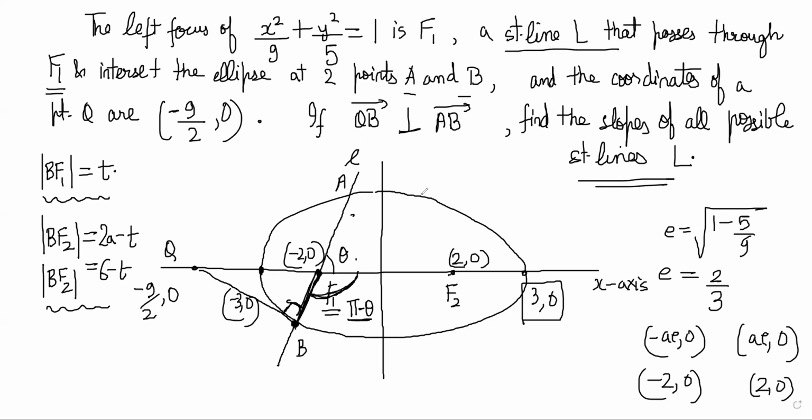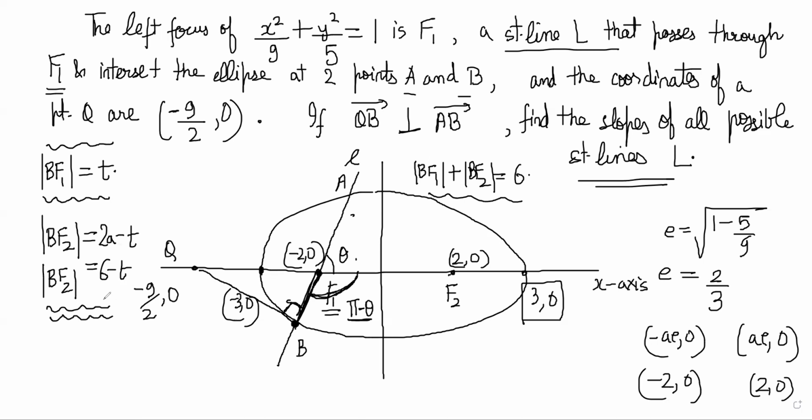Basically, BF1 plus BF2, since B lies on the ellipse, should be equal to 2 times A, and A is 3, so it should be 6, right? So since we are calling BF1 as T, we get BF2 as 6 minus T, right?